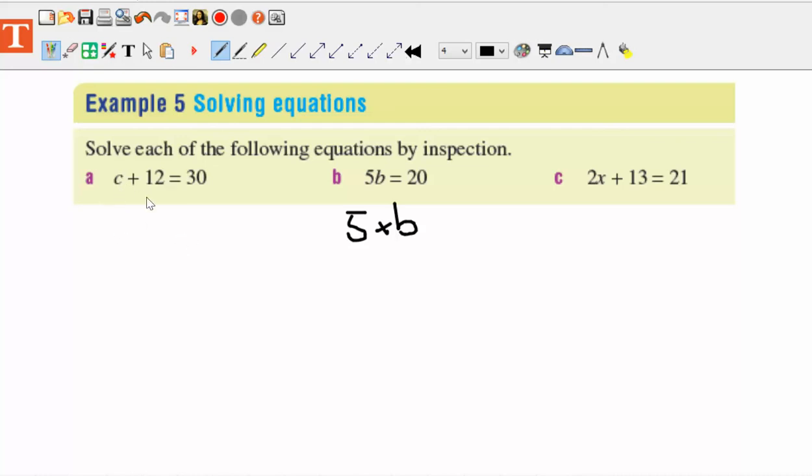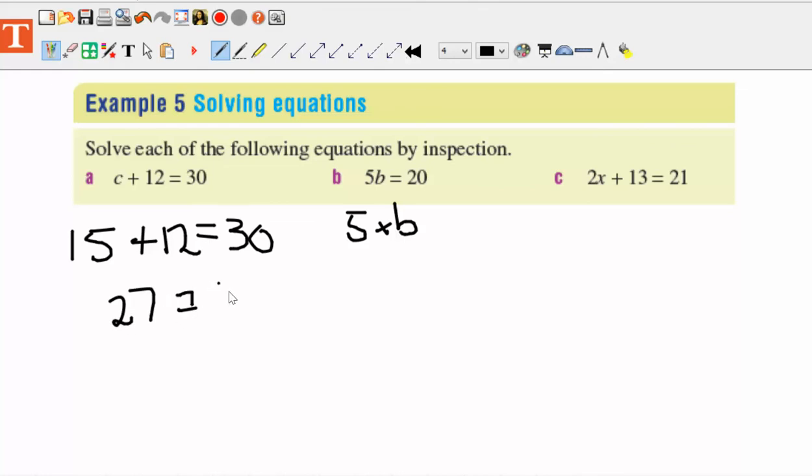Anyway, I've got to find a value to make this true. C plus 12 equals 30. So I've got to have something plus 12 to equal 30. We'll try 15 to begin with. 15 plus 12 is 27, and that does not equal 30. So that is false, that's not going to work.